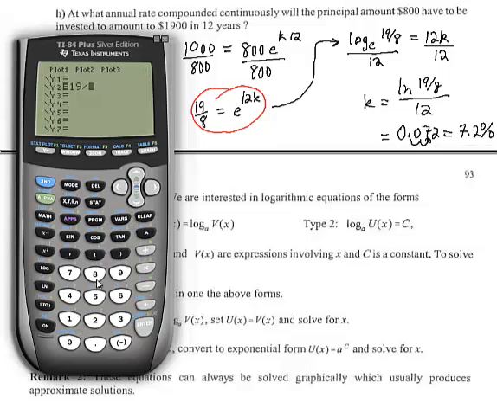Y2 is usually where I put the constant, and then Y1 would be the e to the 12x. Instead of k, we won't bother changing the variables of our exponent or our calculator. We'll just simply use x and just understand that whatever number we get for x represents k in terms of our application problem. Table or graph. Zoom standard.